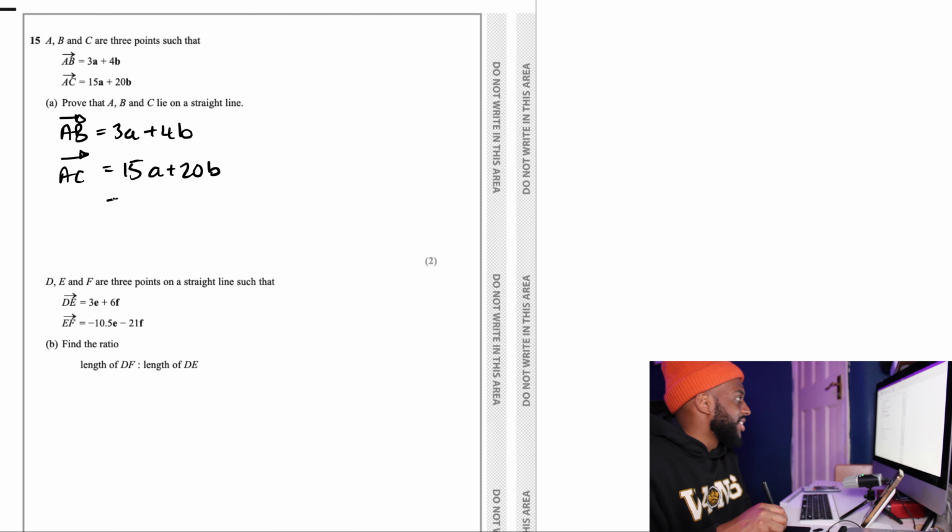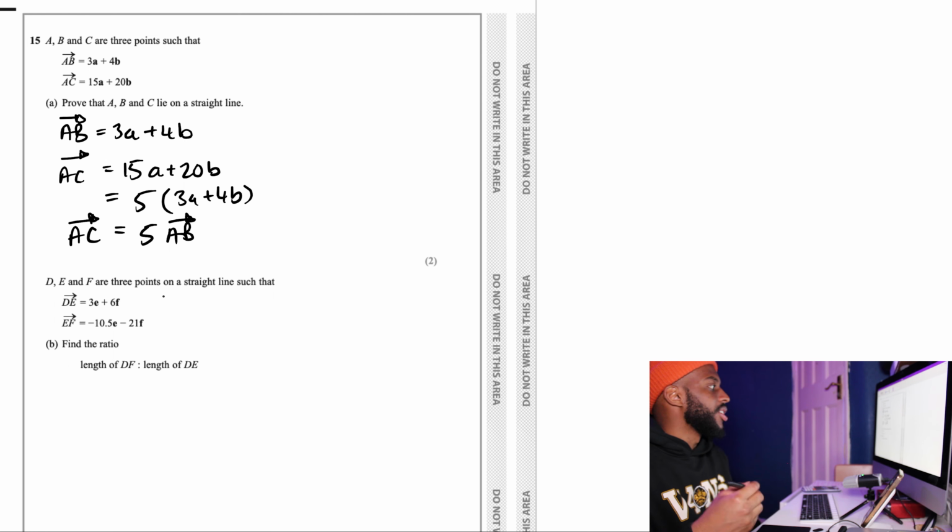Let's factorize AC. So factorize out a 5. That leaves us with 3A plus 4B. Looking very similar to AB, but 5 times bigger. So AC is 5 times bigger than AB, but it goes in the same direction. So same direction, but 5 times bigger. So that's part A proven.